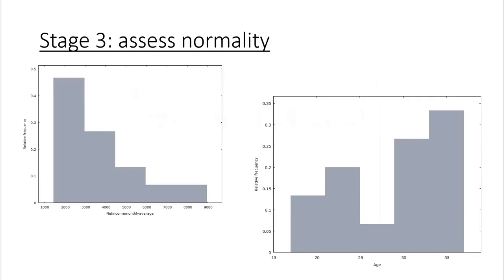So the next step is visual assessment of the data. First of all, it's a good idea to check for normality. When it comes to testing for normality, I mean conducting a formal test in order to investigate whether you can or cannot reject the null hypothesis about normal distribution in Gretl, you have to collect at least 30 observations.